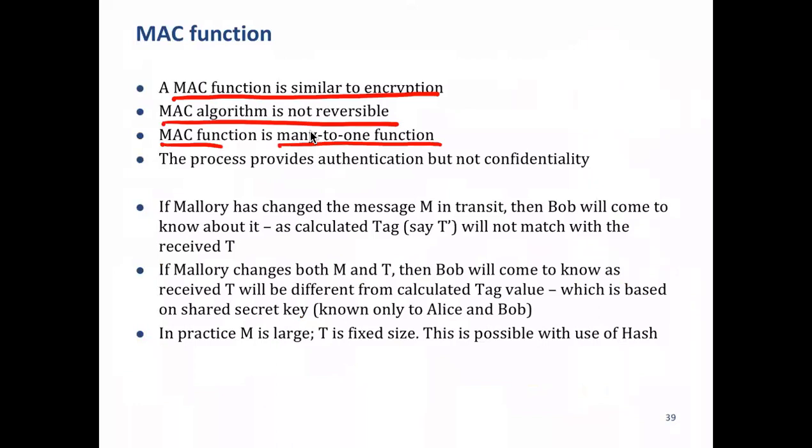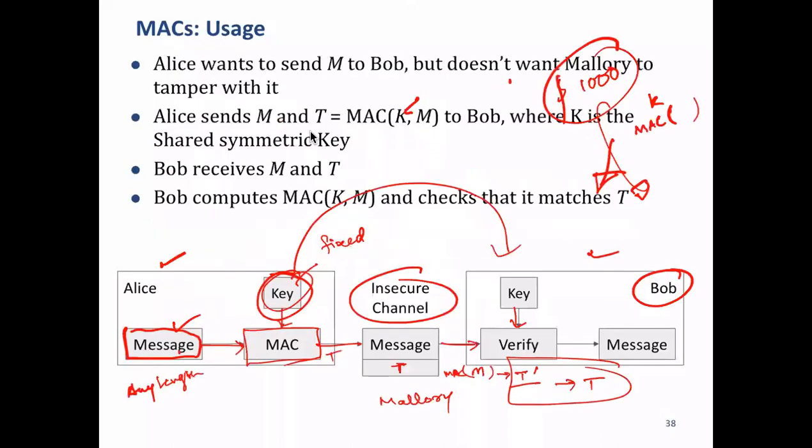It means that it must use a hash inside. Note also that it provides authentication but not confidentiality, because message M we are sending as it is. So in between, Mallory can read that message, right?